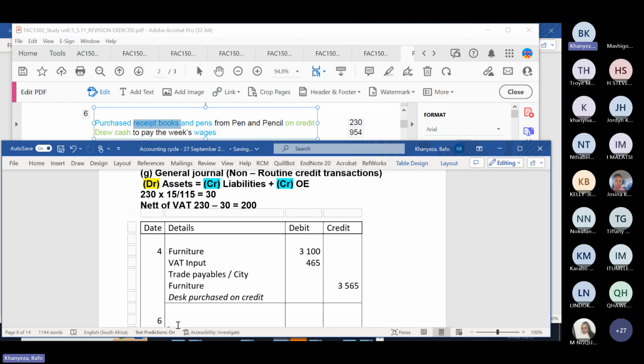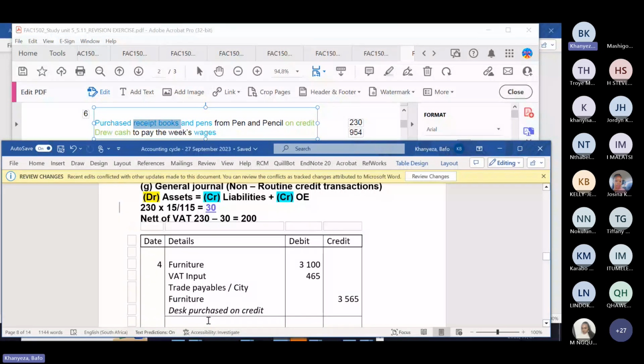That's why I'm saying everything builds up, because when we do the owner's equity, it includes income and expenditure as well as the owner's investment. So that's where we want to have it as stationery.